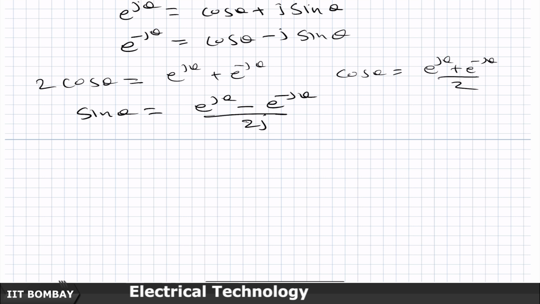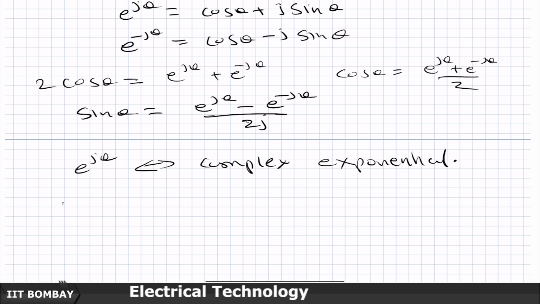So, you can actually get cos theta and sin theta from the complex exponential. So, this e to the power j theta is actually called a complex exponential.